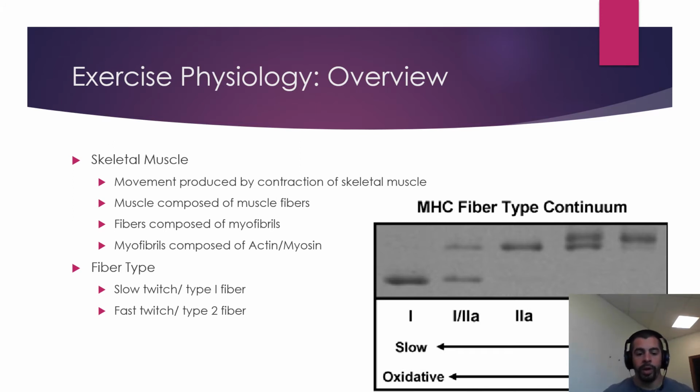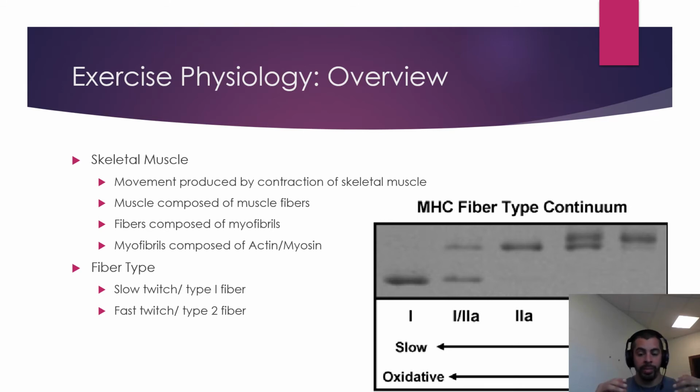These fibers themselves are what are used to produce a contraction, which in turn produces human movement, right? The fibers in the muscle pull on the tendon, which in turn pulls on the bone, and that's what causes movement.